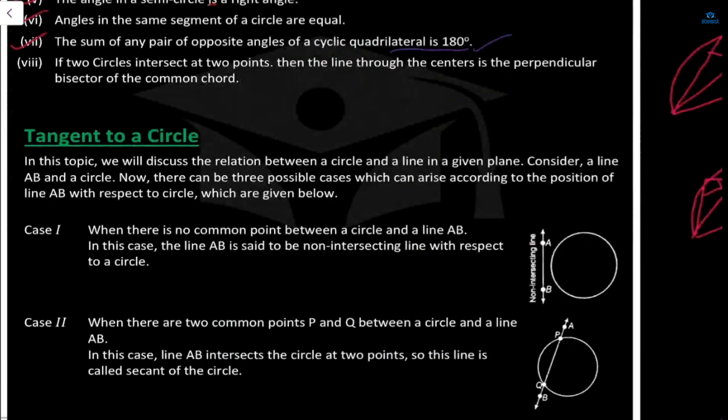If two circles intersect at 2 points, these two circles are intersecting at 2 points.